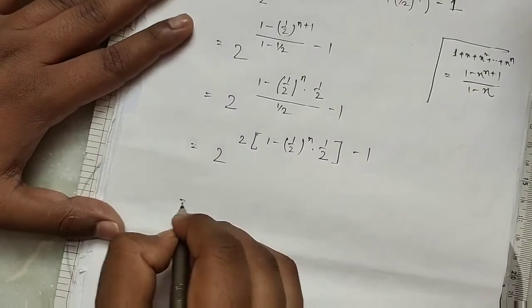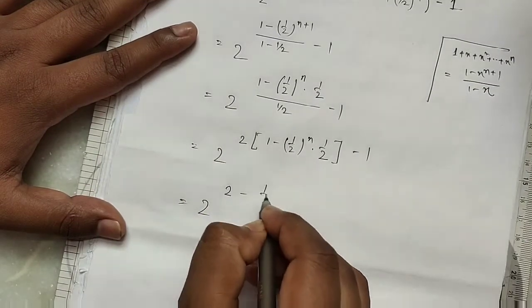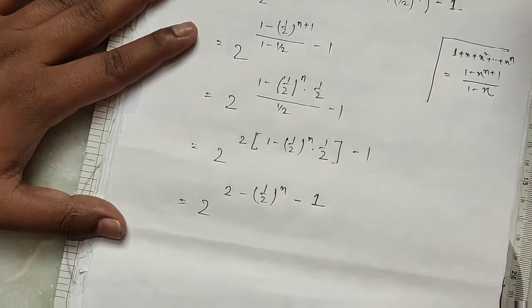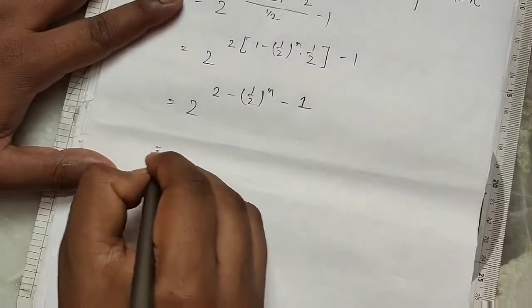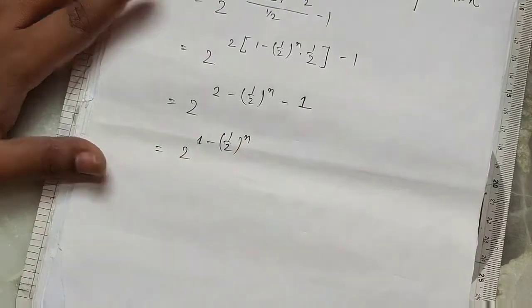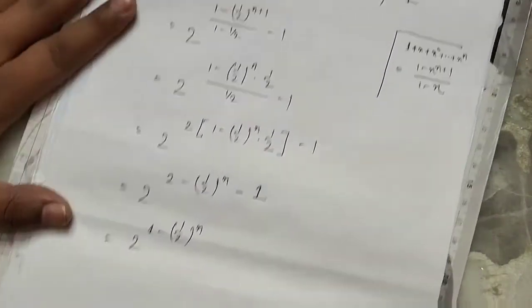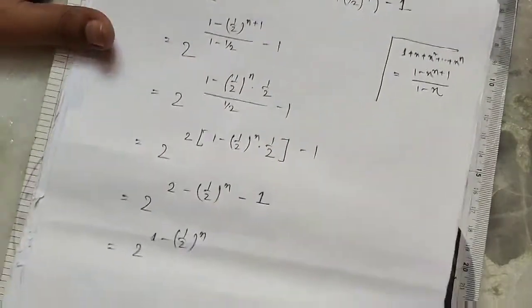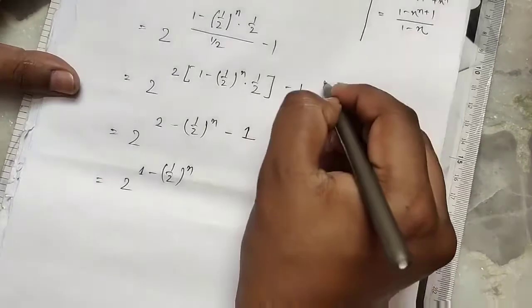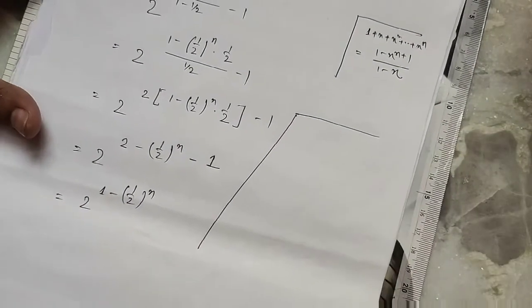Okay, this is 2 to the power (2 minus half to the power n minus 1). So if we calculate, this is 2 to the power (1 minus half to the power n). Clear? Just calculation, easy calculation.